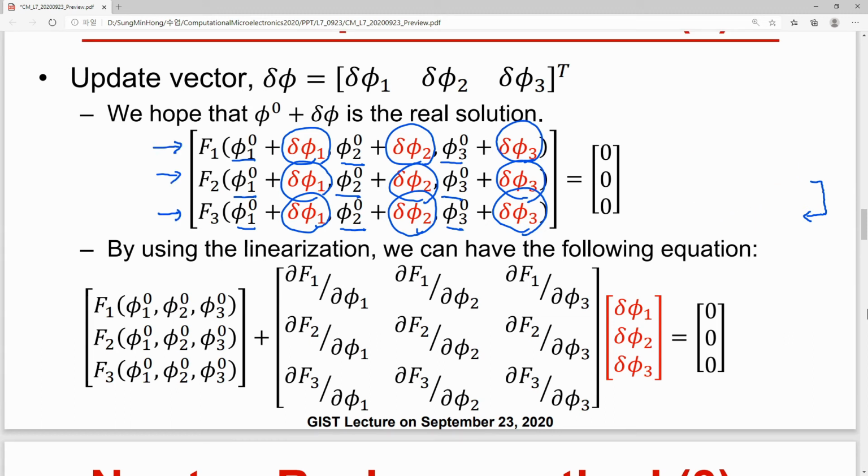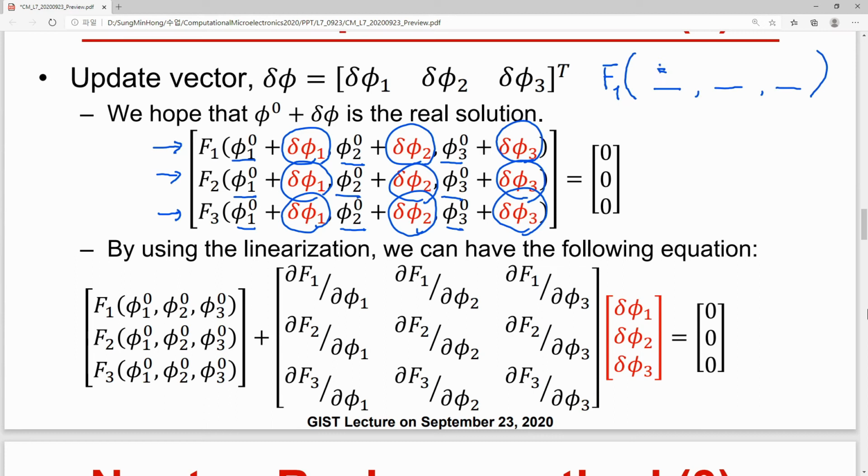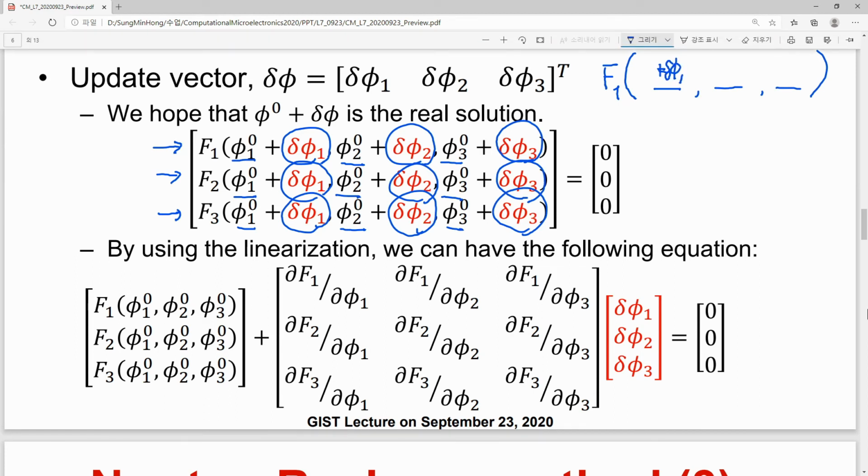The F1 function takes 3 numbers, phi 1, 2, 3. So if we introduce delta phi 1, then it can change. Also, when you introduce delta phi 2, it can introduce change.